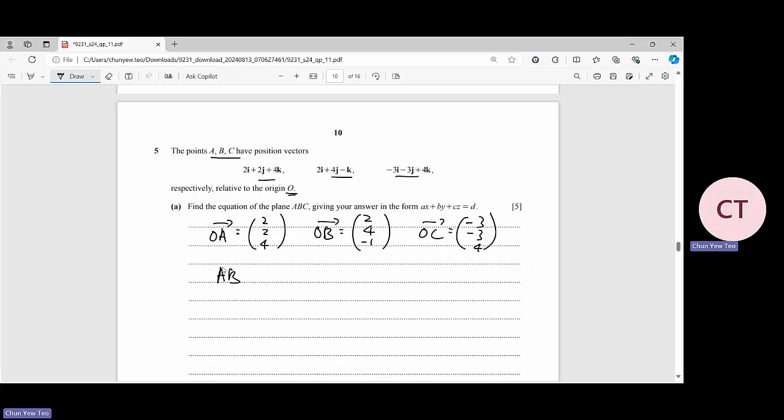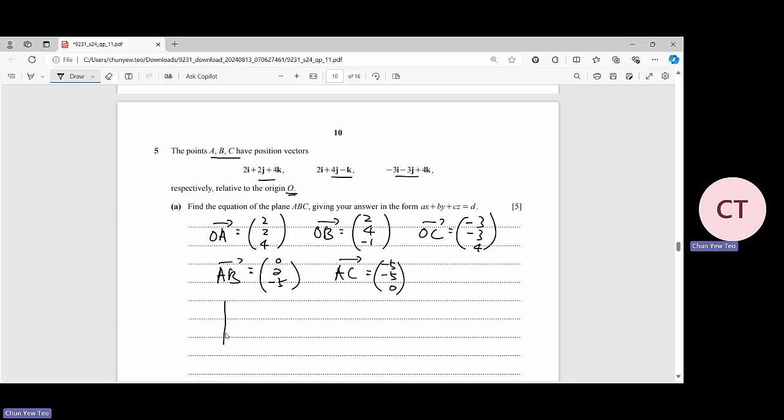So if we want to find vector AB and vector AC: vector AB is B minus A, you have 0, 2, -5. Vector AC is C minus A, you have -5, -5, 0.